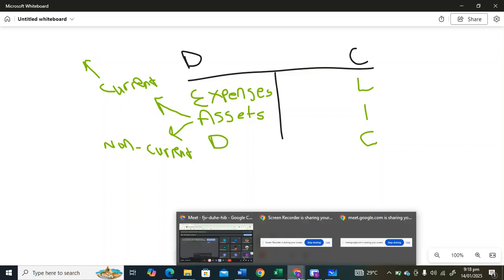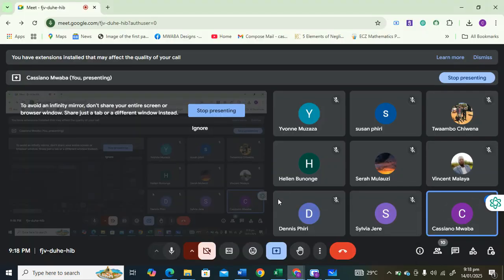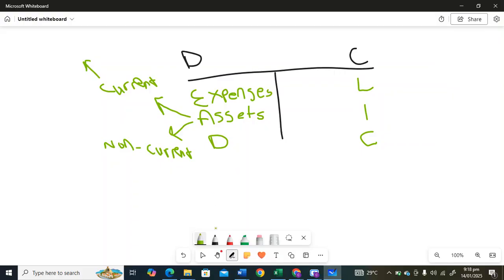Wow, none of you took accounts before? Okay. Current assets, you've got inventory, the goods that you sell. You've got your receivables or debtors.